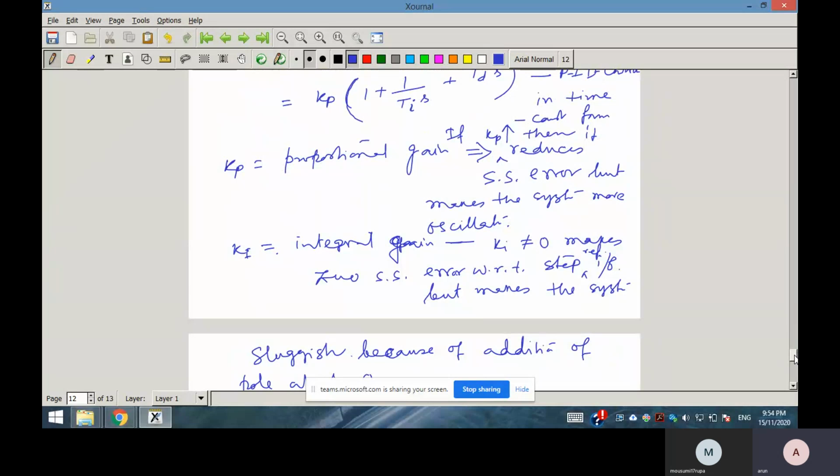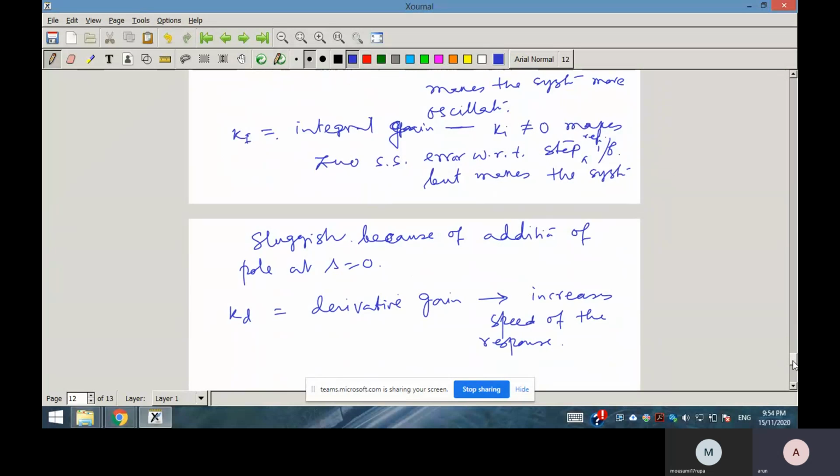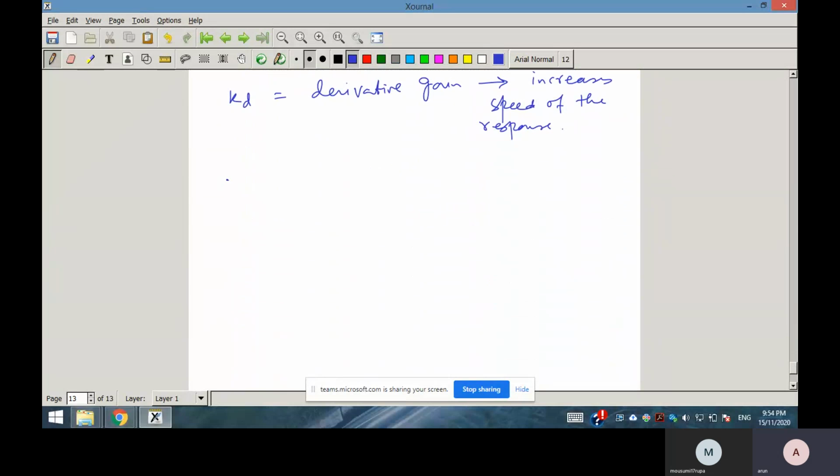So PID tuning rules are there. PID controllers are widely used in industry, particularly in process industry.